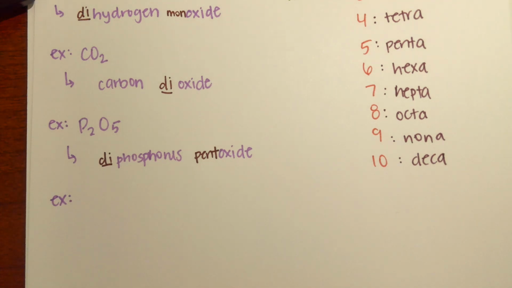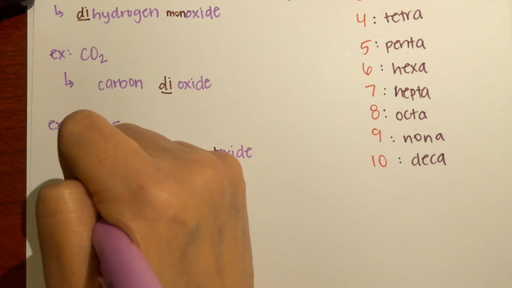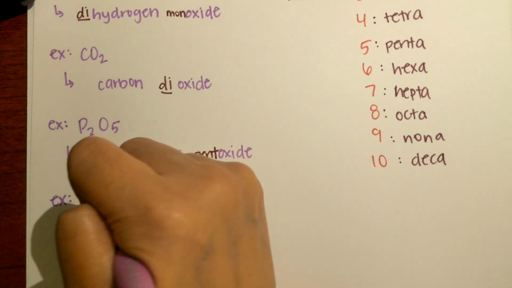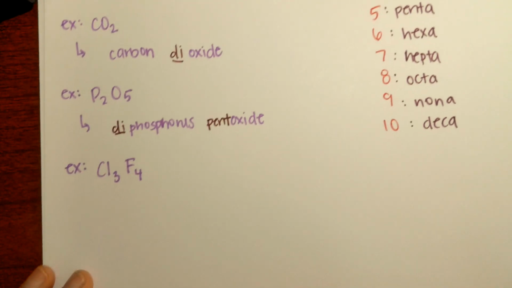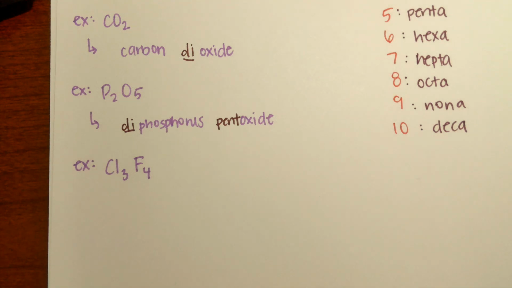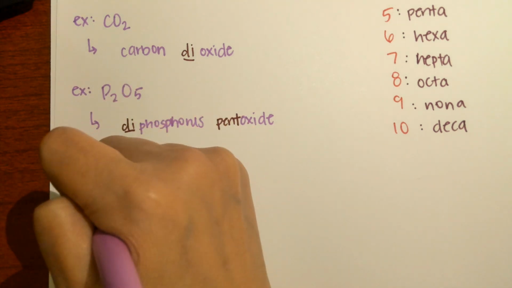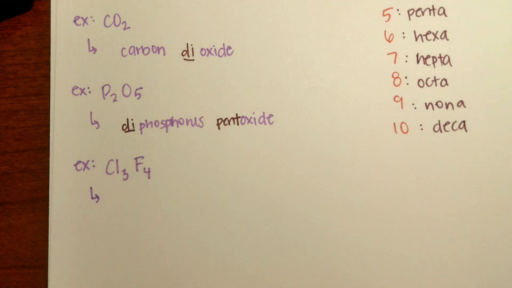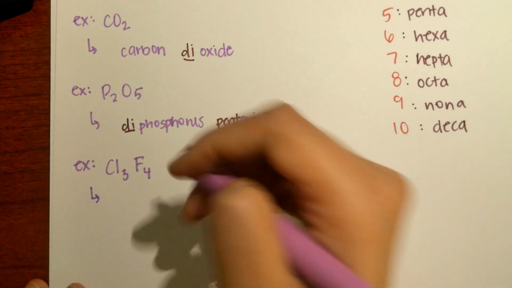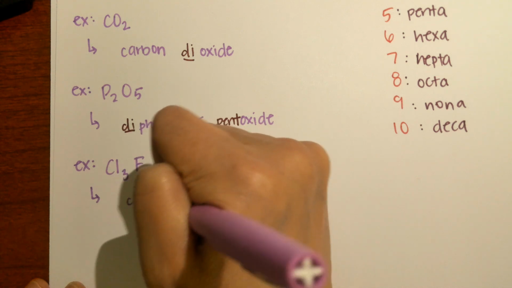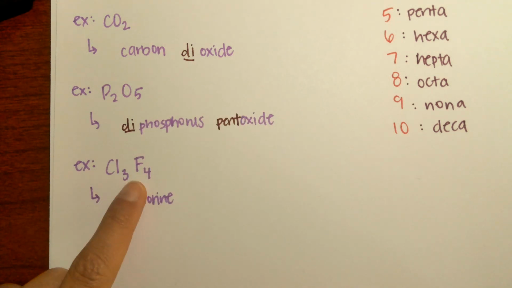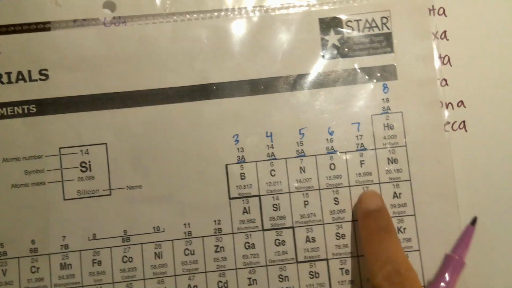Alright, so I'm going to do another one. Cl3F4. Very random, looks weird, but it's just the use of the prefixes. The element Cl is chlorine, and then F is fluorine.